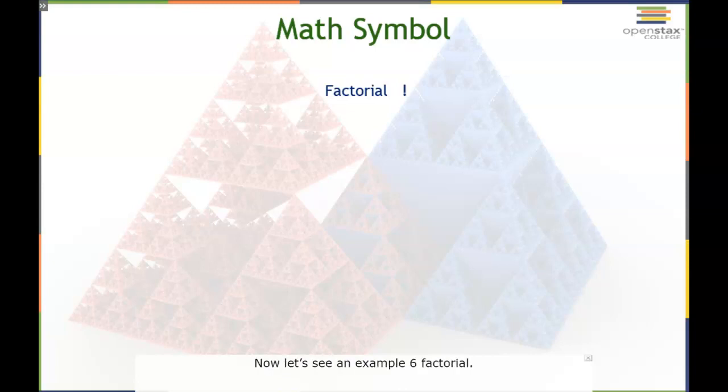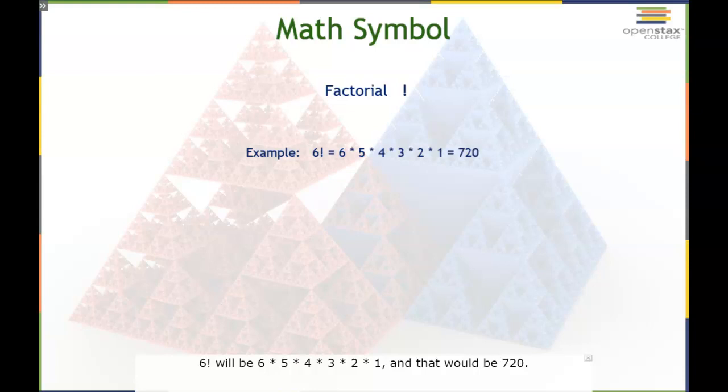Now let's see an example, 6 factorial. 6 factorial will be 6 times 5 times 4 times 3 times 2 times 1. That would be 720. If you have, for example, 10 factorial divided by 4 factorial, do not reduce yet. You cannot reduce the 10 and the 4. These aren't just like normal fractions, and you can't just eliminate those factorials because one is on top of the other.